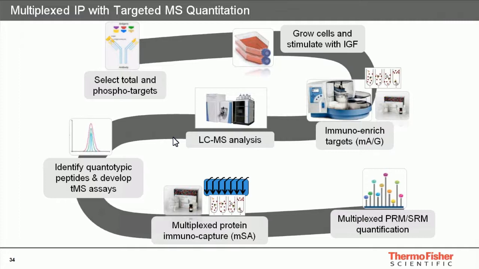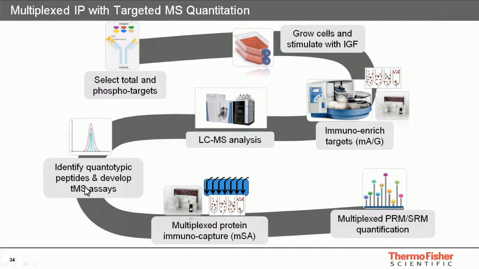So what does the multiplex IP to targeted mass spec quantitation workflow look like? In the beginning, as we talked about, we select total and phospho targets for the AKT-mTOR pathway. Then we grow the cells, stimulate with IGF, and identify the best antibody using protein AG magnetic beads, then do the LC-MS analysis. From this data, we also select the peptides that we found in the discovery data and develop the targeted mass spec assay around them.